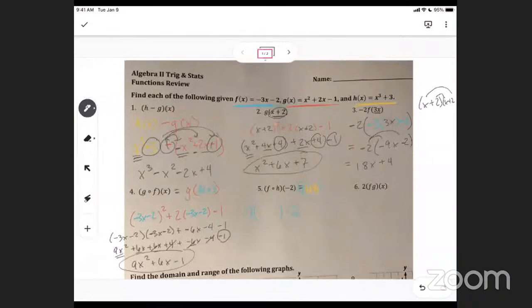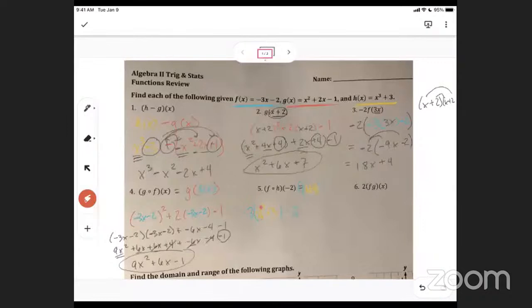And then that. You could do that if you want. Just be careful with this. Make sure you have parentheses around that, because that goes in.